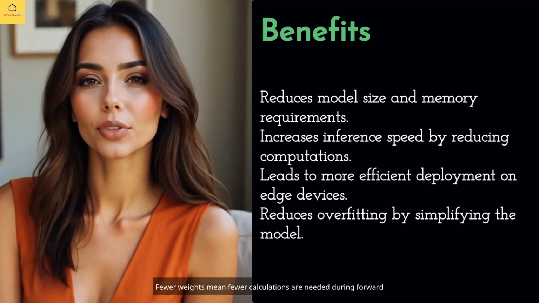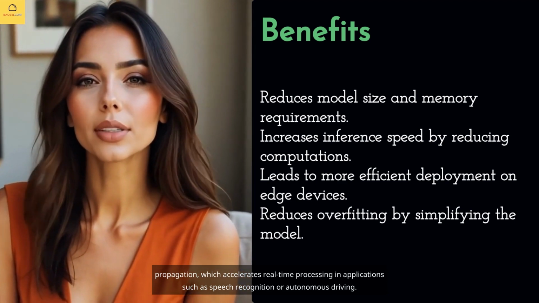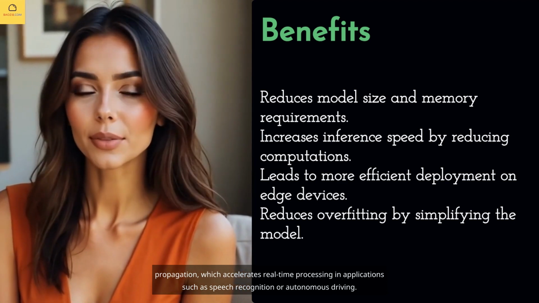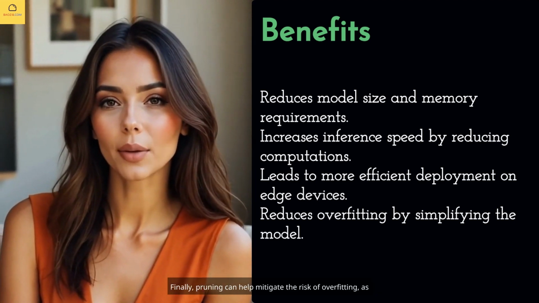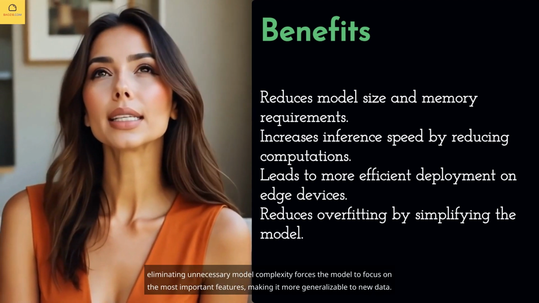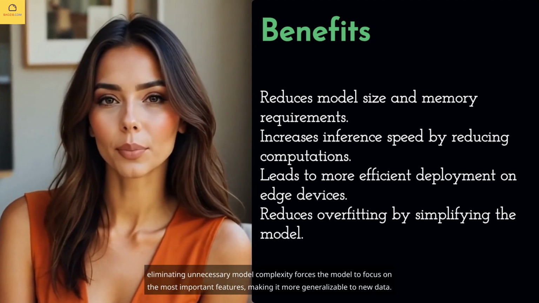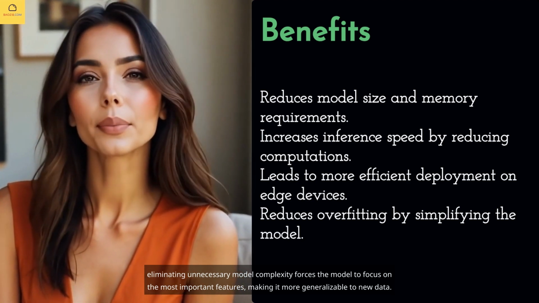Fewer weights mean fewer calculations are needed during forward propagation, which accelerates real-time processing in applications such as speech recognition or autonomous driving. Finally, pruning can help mitigate the risk of overfitting, as eliminating unnecessary model complexity forces the model to focus on the most important features, making it more generalizable to new data.